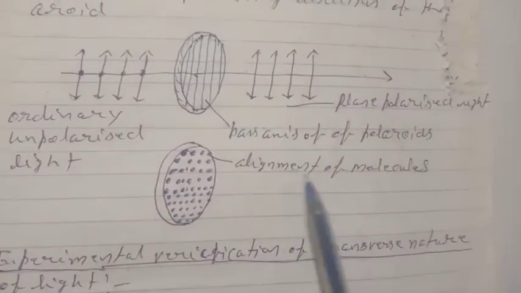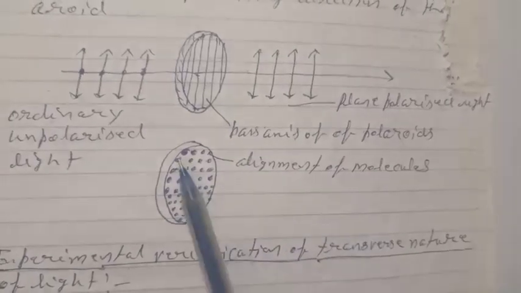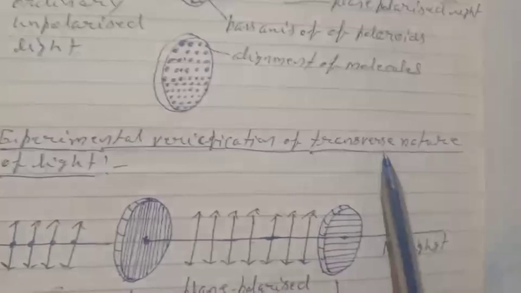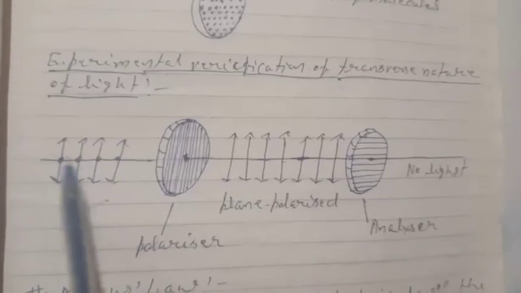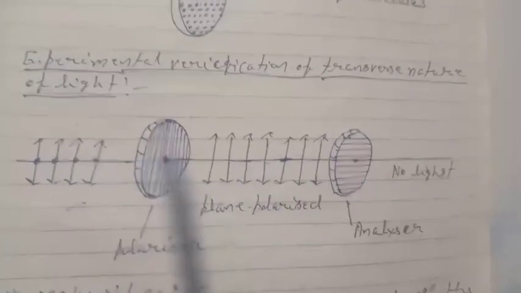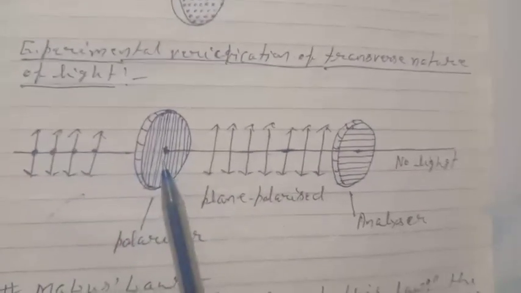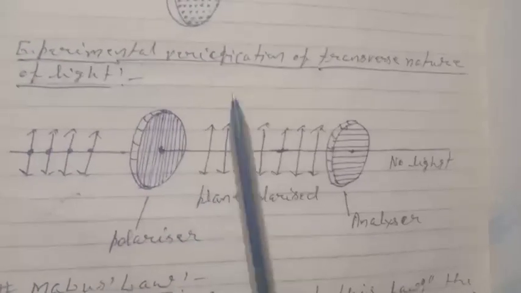And the alignment of molecules becomes like this. Experimental verification of transverse nature of light. Here a polarizer is used, and light from the source is passed through this polarizer. When it passes through the polarizer, the light becomes plane polarized.